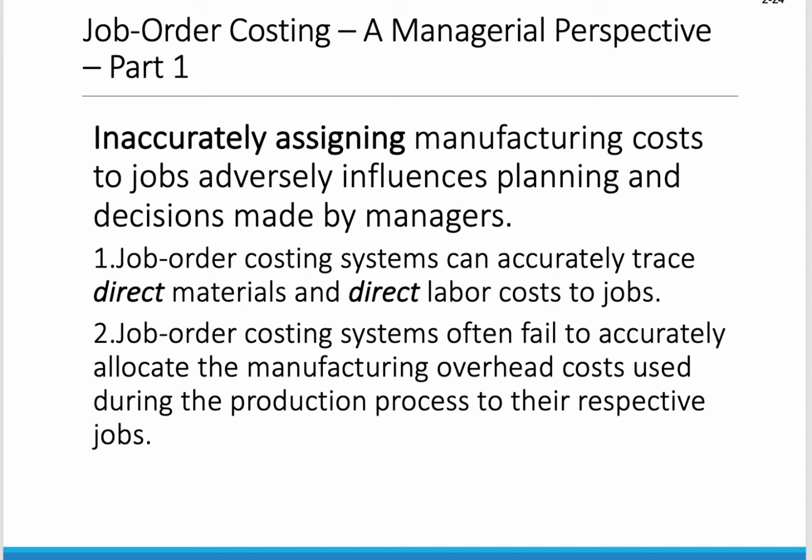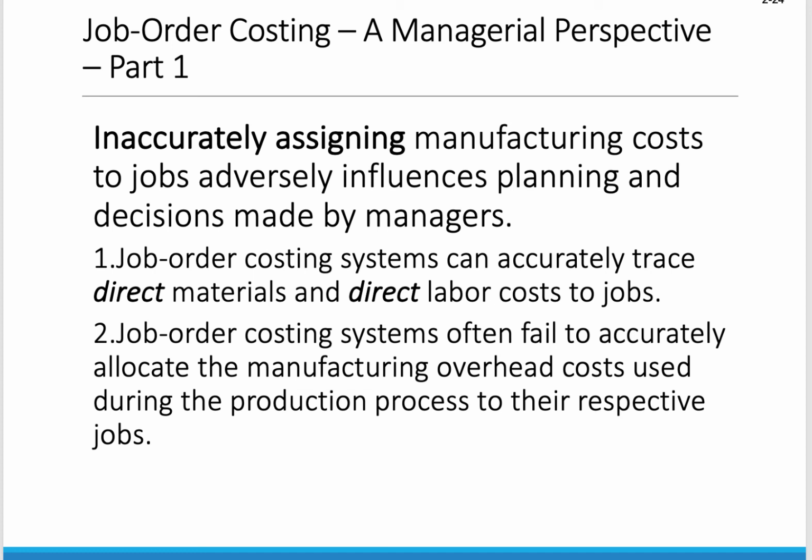Remember, overhead is all the indirects. We can't easily and conveniently trace the cost of equipment used on a job, so we have to allocate it, and we estimate a certain amount. What if that machine breaks down and we have to spend a lot of maintenance hours or dollars to fix it and get it back up and running? That's going to increase the overhead.